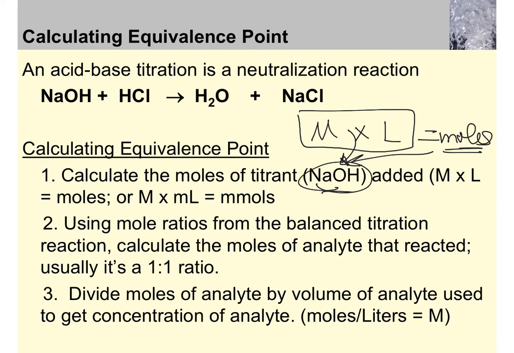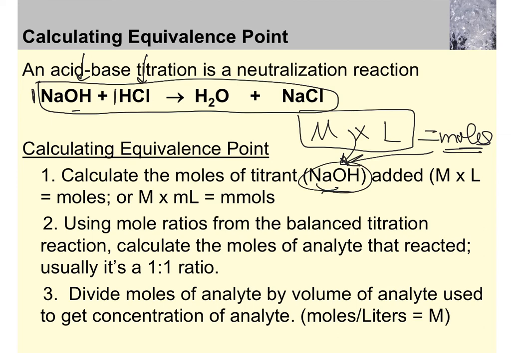And then keeping in mind from a balanced chemical equation of an acid-base reaction, assuming they are both just a monoprotic acid and a base with only one hydroxide, that the stoichiometric mole ratio of the acid to the base is 1:1.